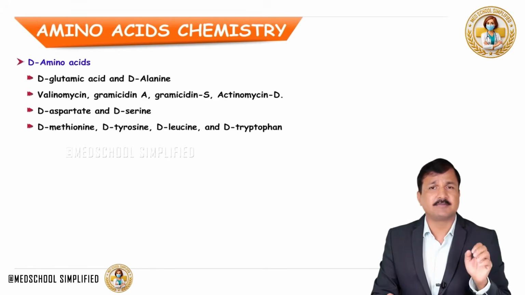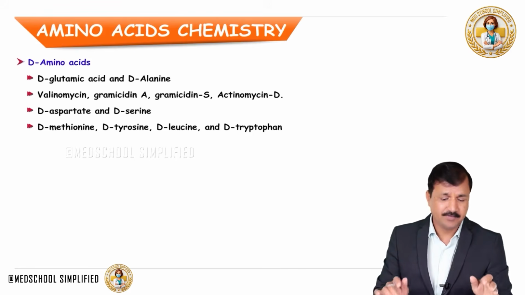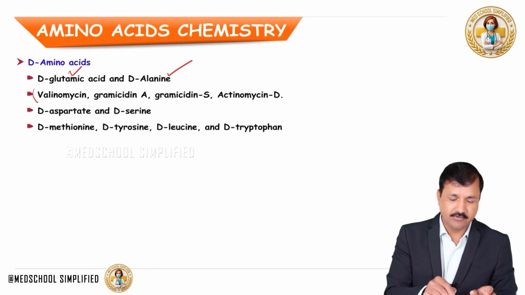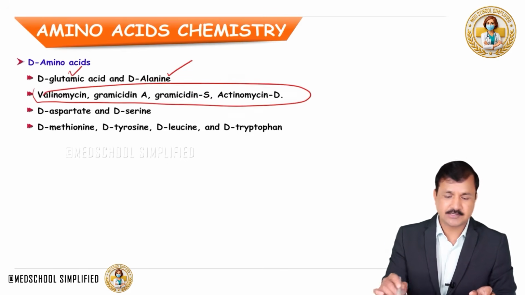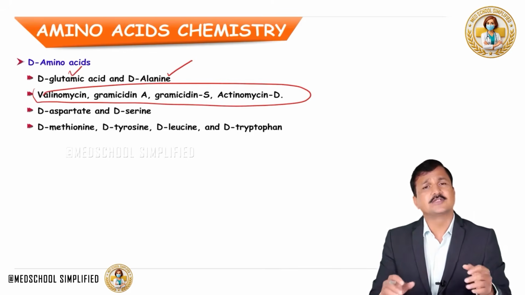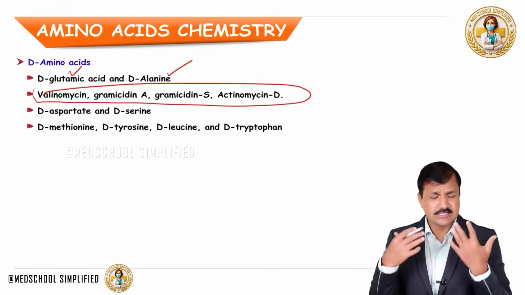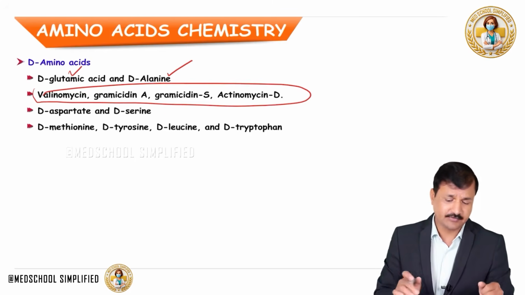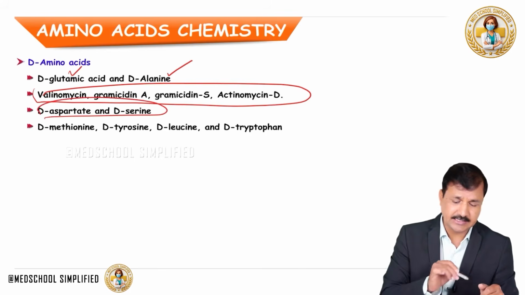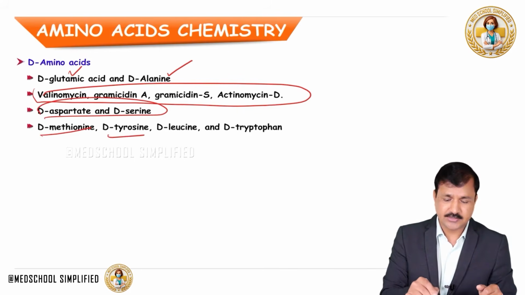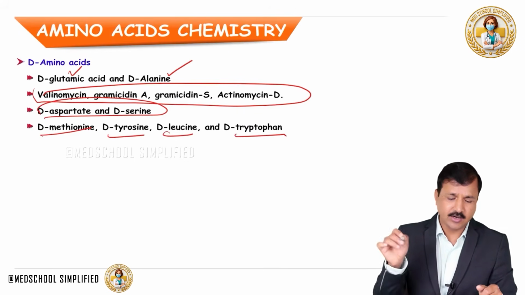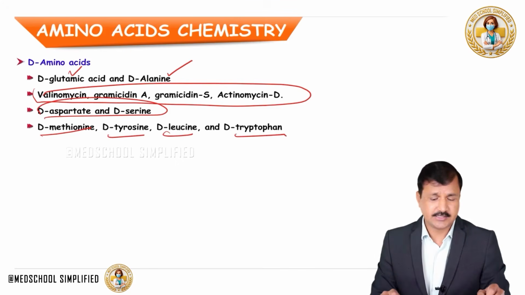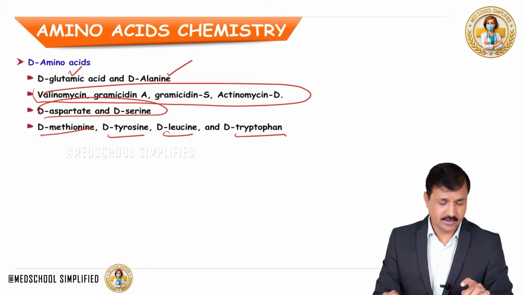You can find some amino acids in our body in D form, like D-glutamic acid and D-alanine. Examples include valinomycin, gramicidin A, gramicidin S and actinomycin D. These are drugs, synthetic ones, used in treatment, and those contain D forms of amino acids. Then we have D-aspartate, D-serine, D-methionine, D-tyrosine, D-leucine and D-tryptophan. They all come from bacteria. So, these are bacterial products, and they can get into our body.